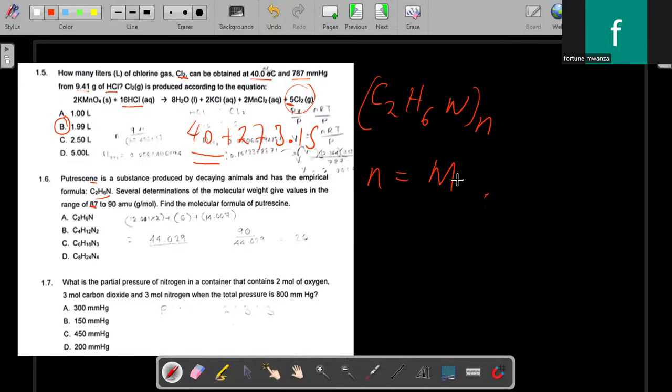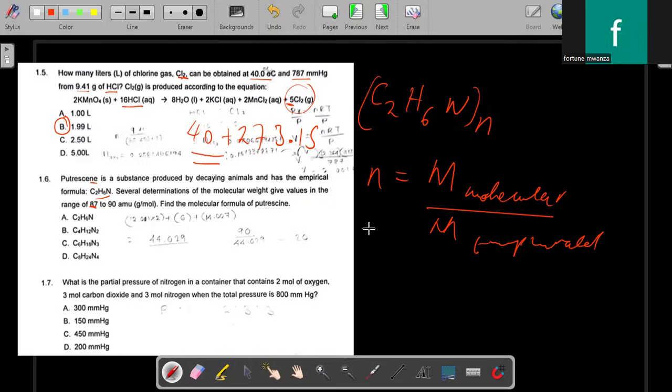You get n by taking the molar mass of your molecule, the molecular formula, and dividing by the molar mass of your empirical formula. This will give you n.